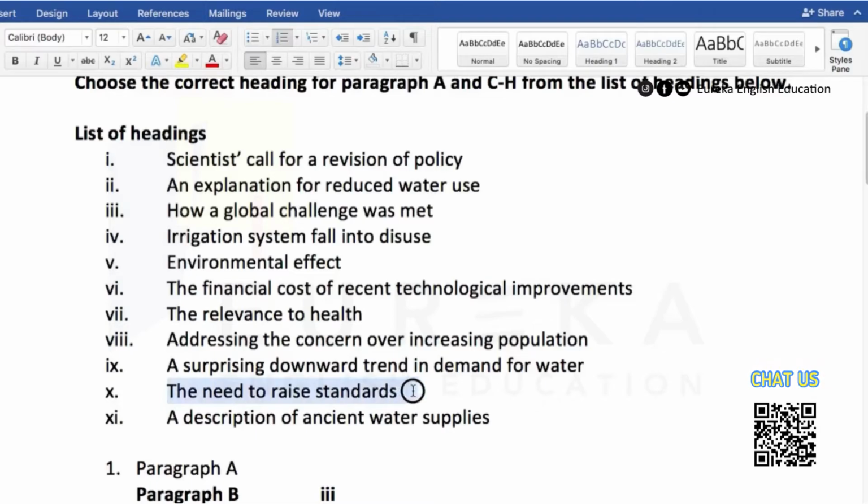The need to raise the standard: I don't think there's an explanation about raising the standard. And then number 11, a description of ancient water supply. This may be the answer, because if you remember again, it talks about history, civilization, and water supply of water resources. So I think this may be the closest one, and I will choose this one.